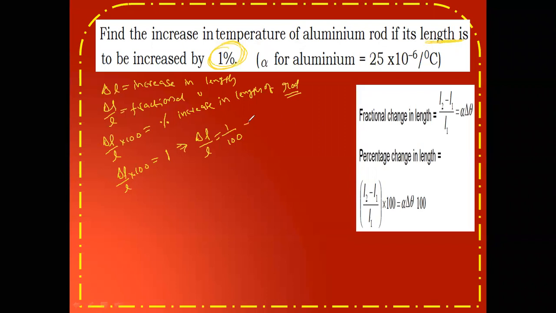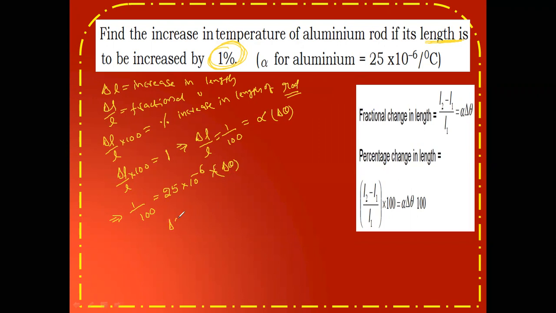Already you know the formula: delta L by L is equal to alpha into delta theta. So 1 by 100 is equal to alpha, which they already gave, 25 into 10 power minus 6, multiplied with delta theta. Delta theta is the value I want to find.